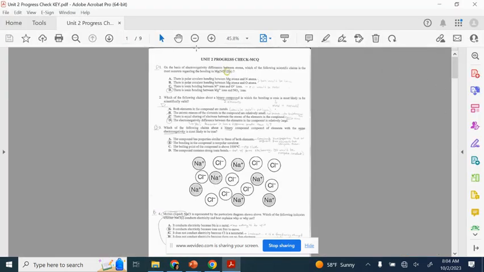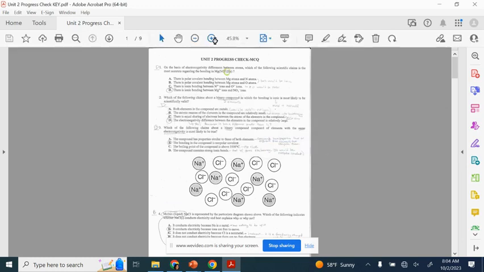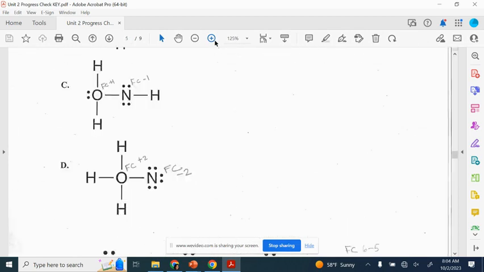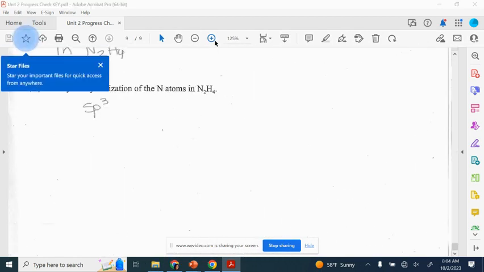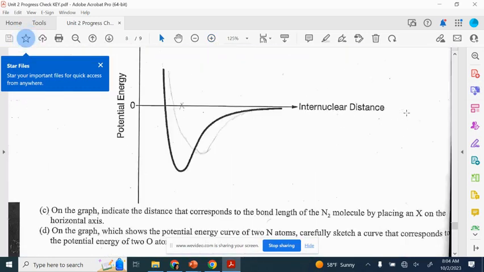Yes, this is the document that we desire. Which number was it again? C and D. Was there just one number on here? Okay, all right, so we have the graph here.